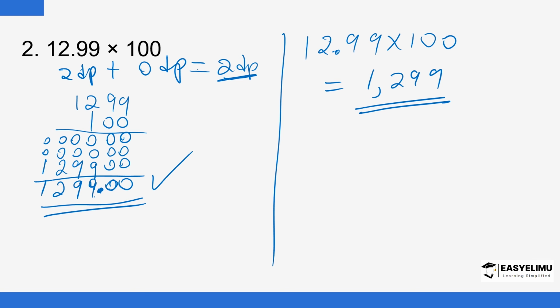So again, it agrees with the rule that the decimal point should just move to the right the number of steps equivalent to the number of zeros in the multiplier. So you skip 2 places, 1, 2. So the decimal point just moves 2 places that way, and then you have that.